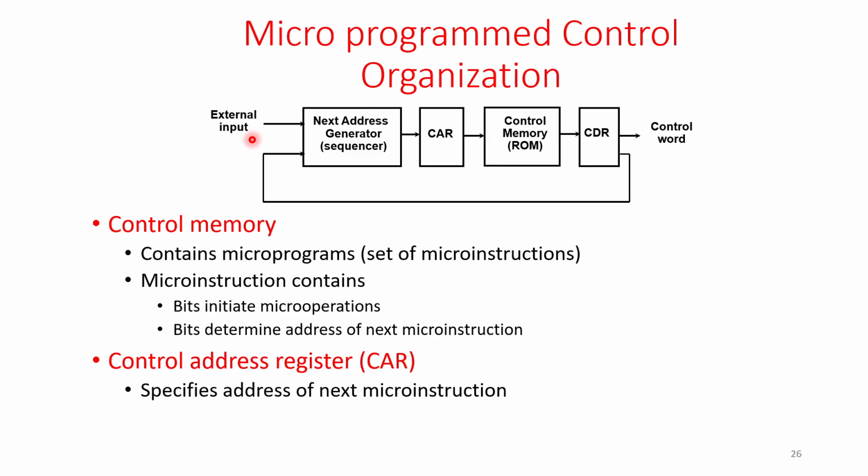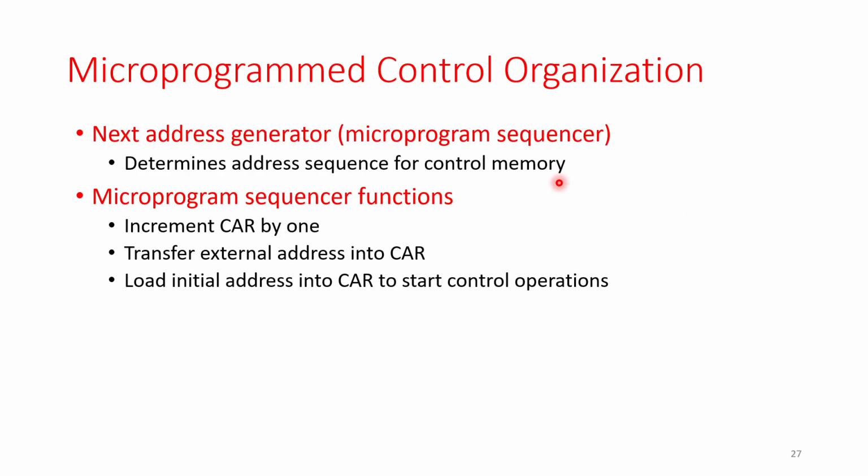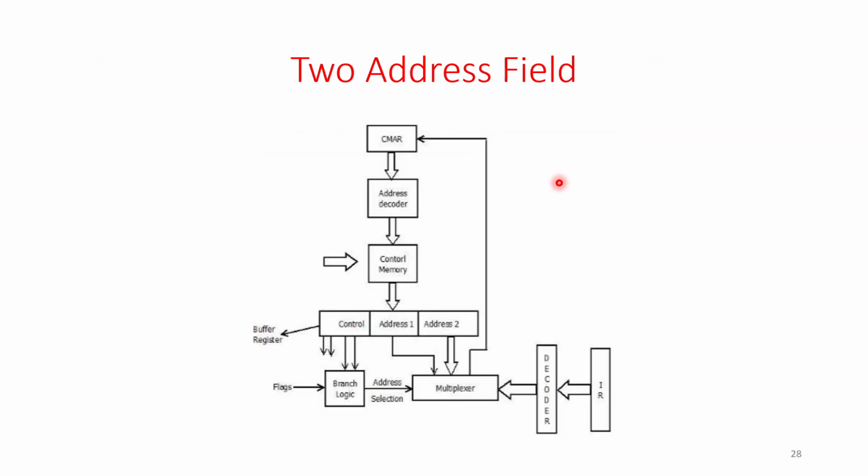So here the external input generates the address in the control address register, we access that particular location, get it and execute it. Here we have the control memory address register, decoder, control memory, fetch that micro instruction, then generate the control signals.